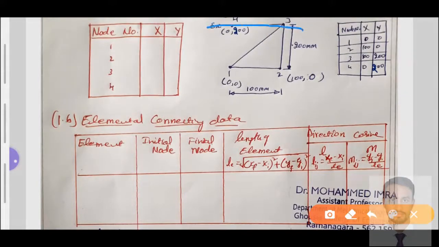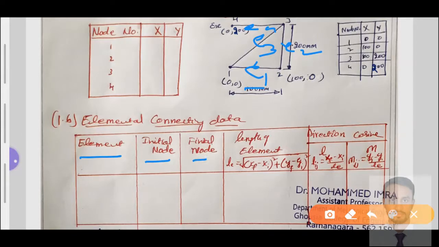Here again I will take the example of a 4 bar truss element to write the elemental data. First, how many elements are there? We have 4 elements: element number 1, 2, 3 and 4. So 4 elements are there in the truss, and we say this is a 4 bar truss element. Then the initial node value for element number 1, element number 2, element number 3.